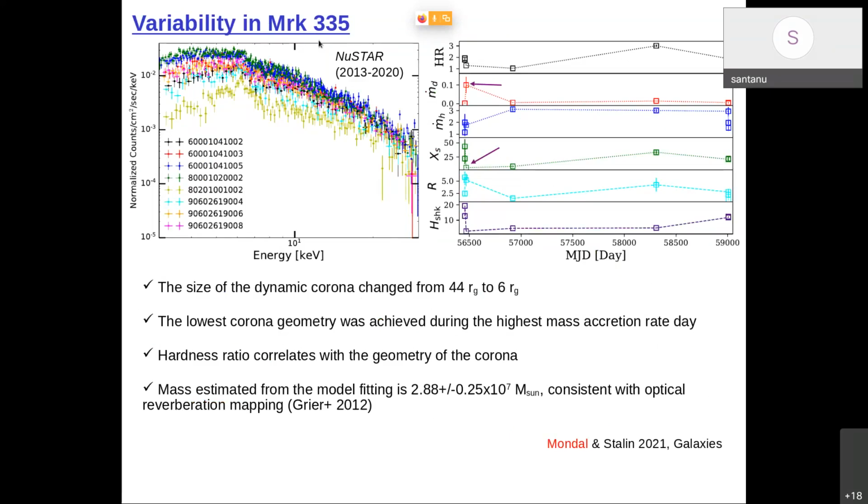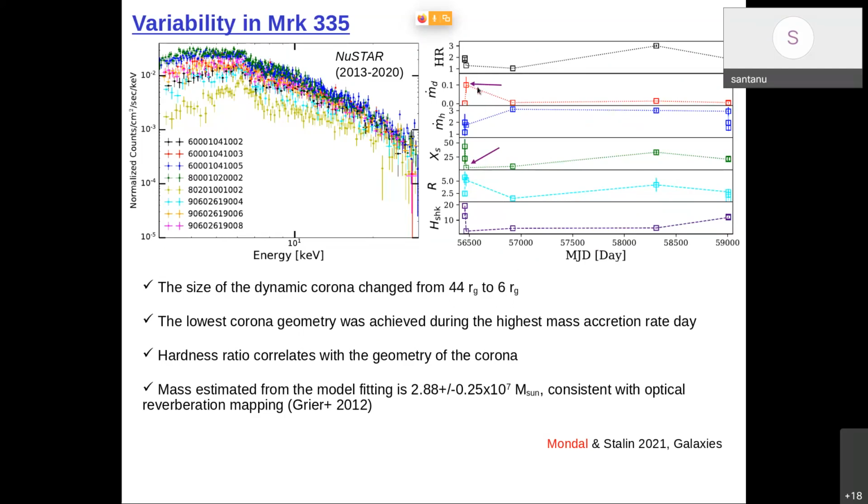This is a Seyfert-1 galaxy, and we have only a few observations, and we saw that during this observation period from 2013 to 2020, the corona size changed from 44 Schwarzschild radii to 6 Schwarzschild radii, and as 6 is quite a small value, we can say that the corona was very compact during this period. And also the lowest corona size was achieved when the accretion rate was the highest.